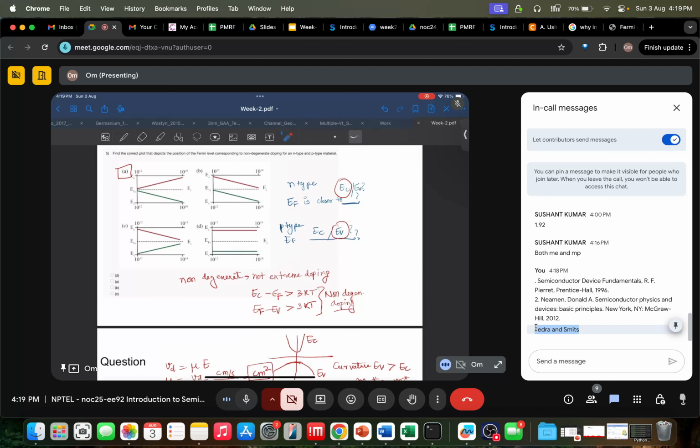Okay, yeah, it is relatively easier, but it is very high level. So if you want to know something more about it, you should go to the Pierret book. All right, I'll do that.